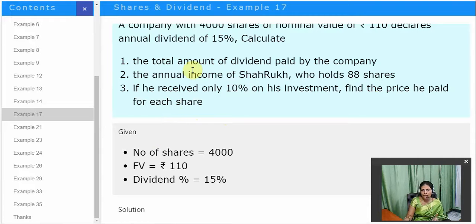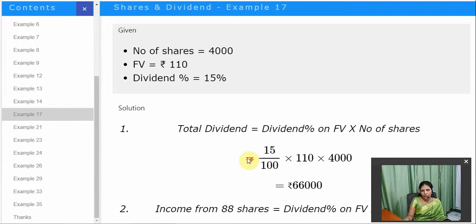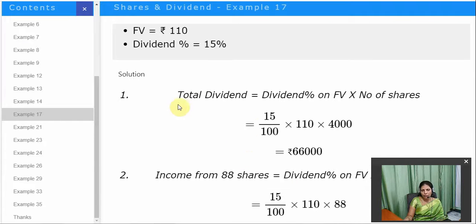Now we will come to the first subdivision, the total amount of dividend paid by the company. We will find the dividend. Okay. Now the first subdivision, total dividend is equal to dividend percentage on face value into number of shares. Dividend percentage is already given here as 15%.